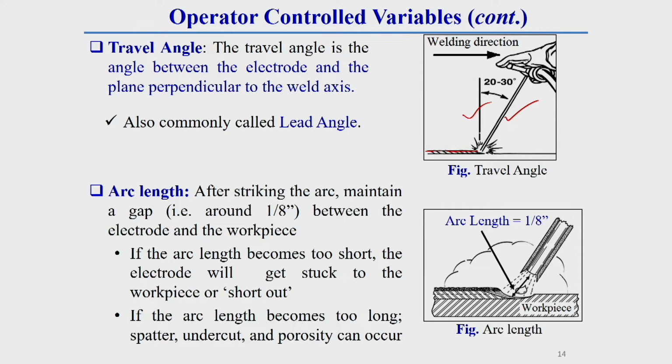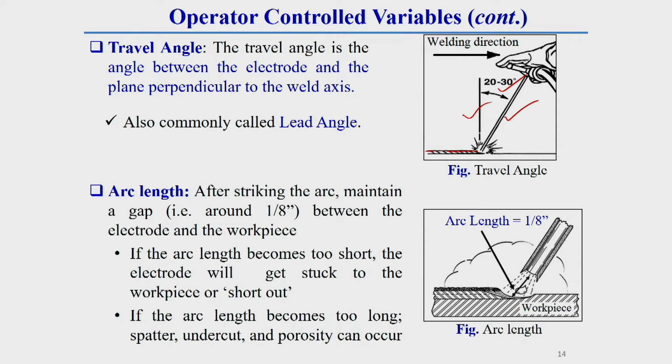Once you provide a perpendicular plane, whatever the angle is between this perpendicular plane and the electrode, that is called the travel angle. This is also known as the lead angle. You should also know the range of this travel angle. Travel angle generally varies within a range of 20 to 30 degrees, as shown here for this type of welding operation.